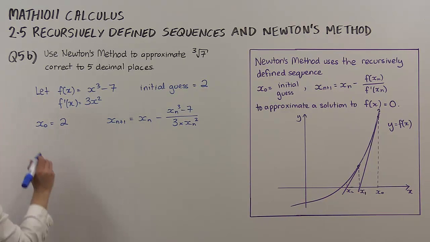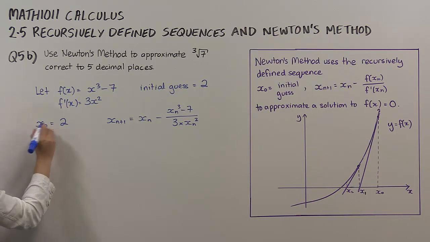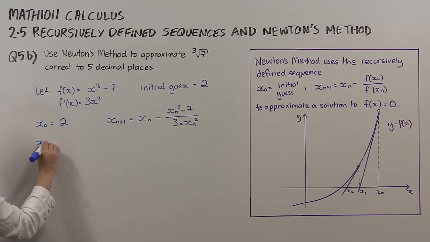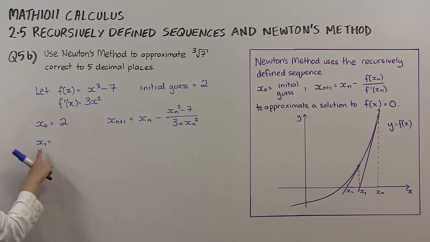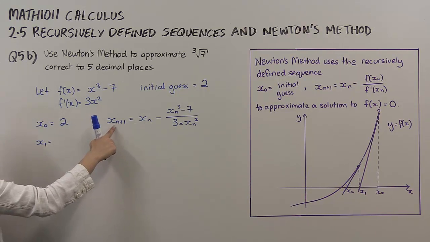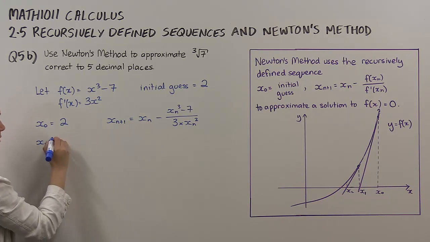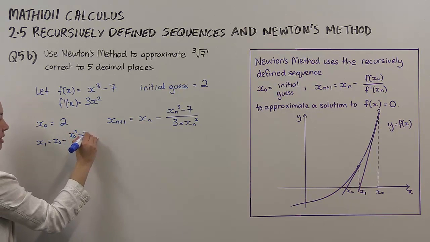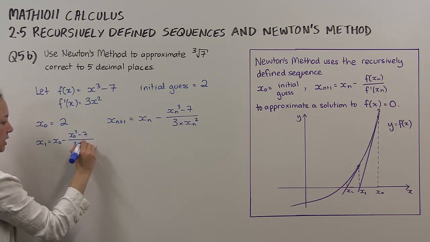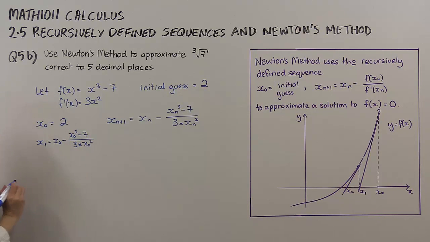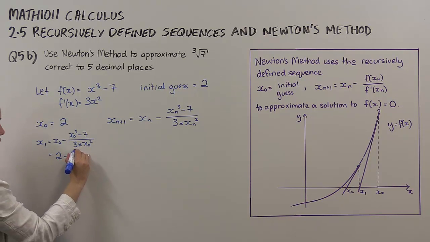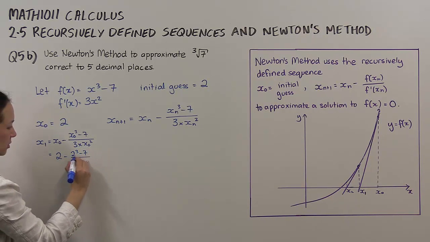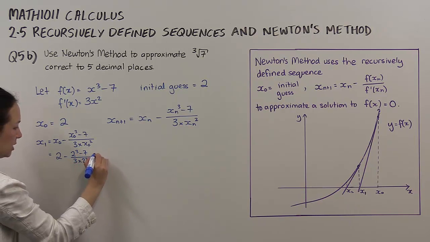So our initial guess is 2, then let's just manually calculate our next term in the sequence. So x1 is going to be x0 minus x0 cubed minus 7 all over 3 times x0 squared. So that's just going to be 2 minus 2 cubed minus 7 over 3 times 2 squared.